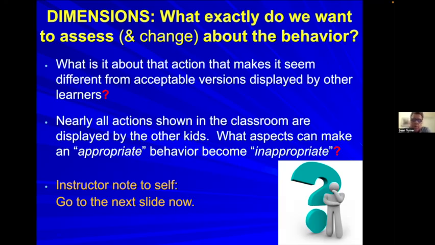And one word that we haven't used yet, but that is used in behavioral work, is that in addition to being measurable and observable, the behavior should be teachable. So when we think about appropriate, what is teachable behavior that we can help with that student? That's what helps us when we think about dimensions.